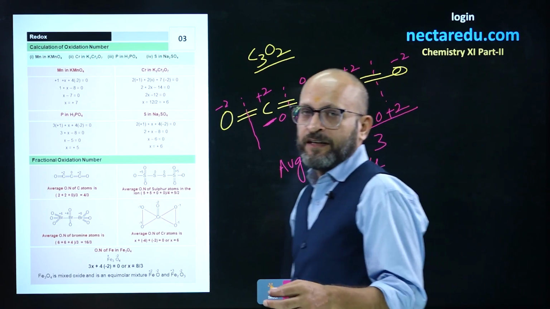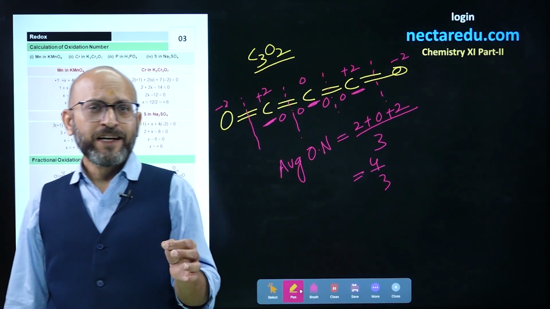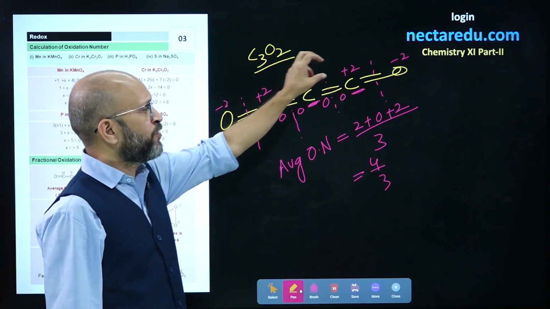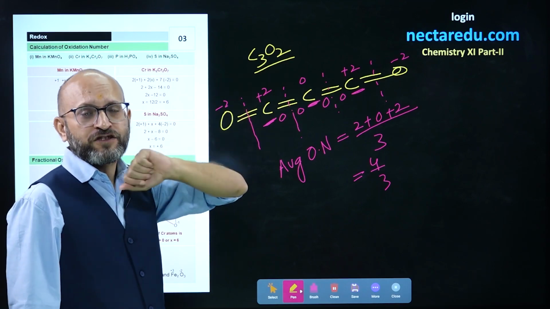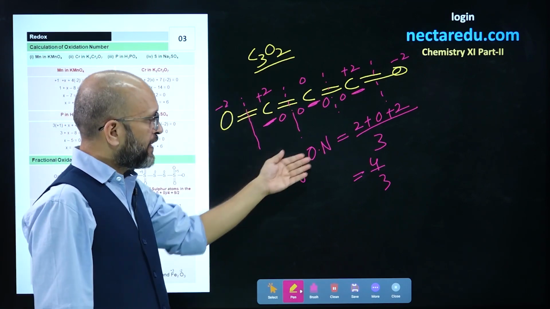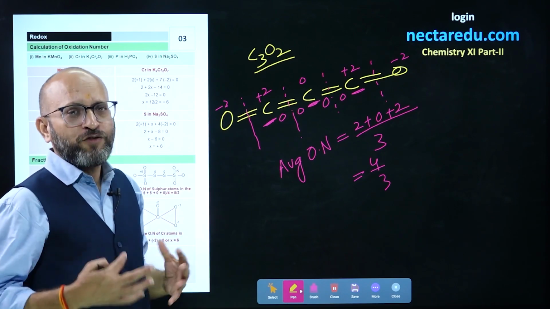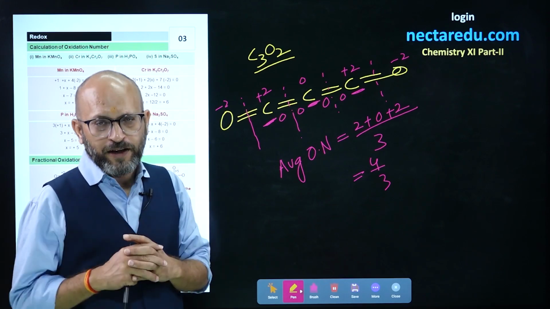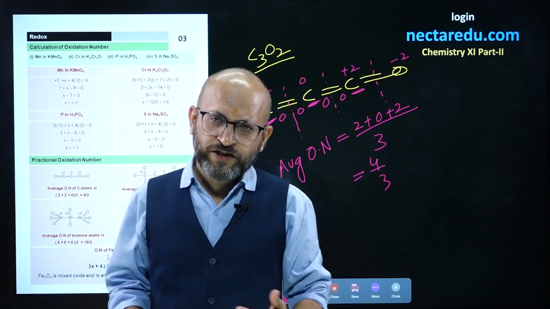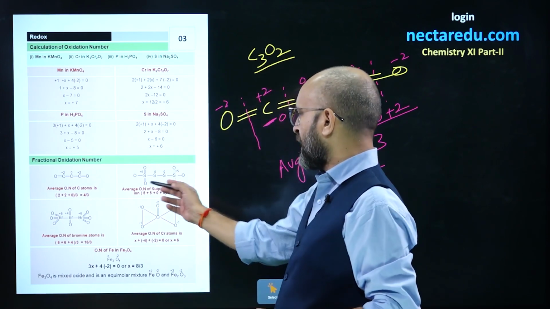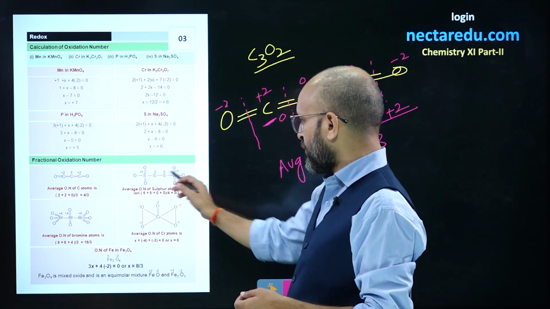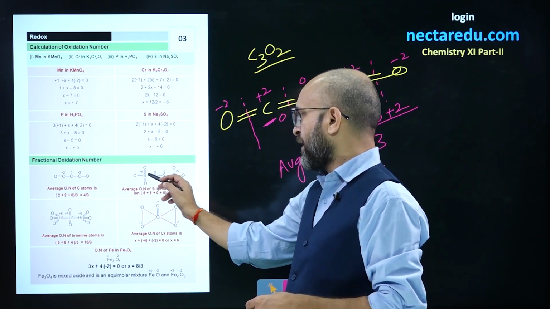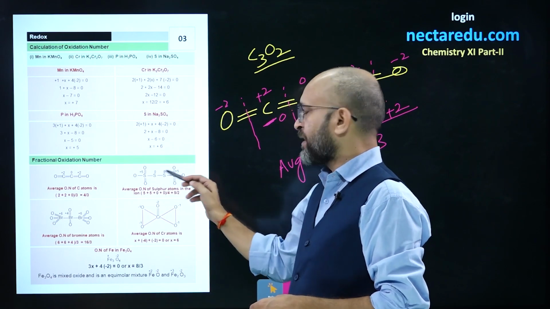So actually each carbon atom has a non-fractional value. They have complete values: +2, 0, +2. They do not have fractions, but when we take the average, we get a fractional value. So whenever you get a fractional value, it is the average value, not the absolute value. For example, in S₄O₆²⁻ you have 4 sulfur atoms. 2 sulfur atoms are +5 and 2 are 0.